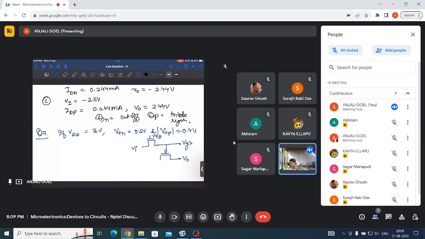Okay, so this is V naught, Vi2. Okay, so in the first case, if Vi1 equals to 0.2 volt and Vi2 is equals to 3 volt, so you have to tell me what is V out.